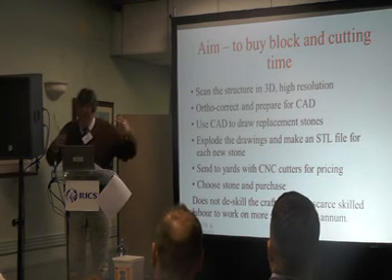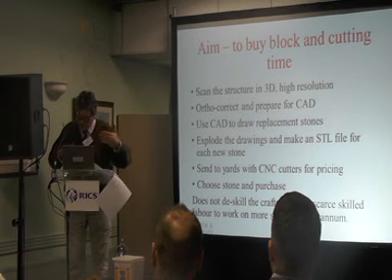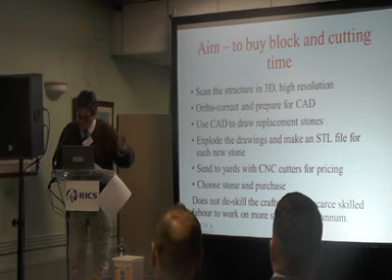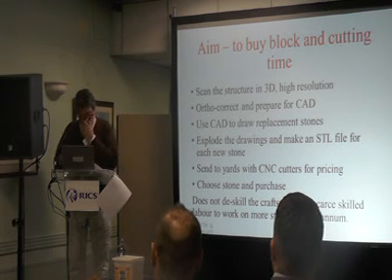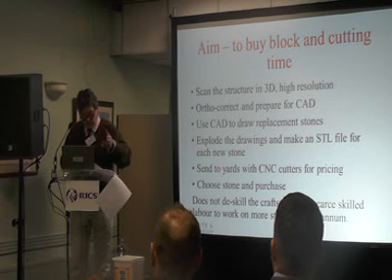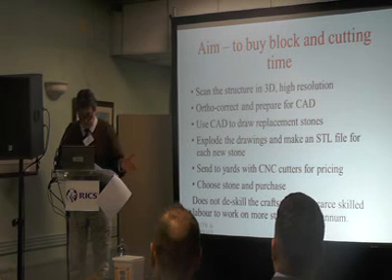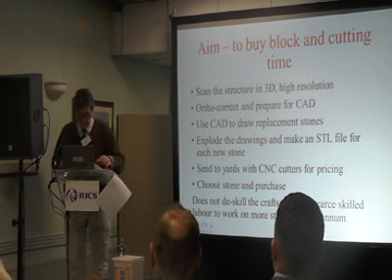And then we explode that drawing, put a back on all the stones using the CAD, and that converts to an STL file for each stone. So for the bridge, we're going to need 250 or 300 stones. We will have a 3D drawing for every one of those. Now, if we send that pack of 3D drawings off to a yard with a CNC machine, they will calculate how much block and how much cutting time.